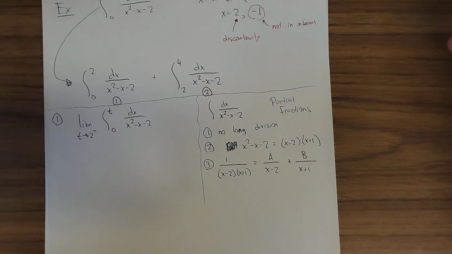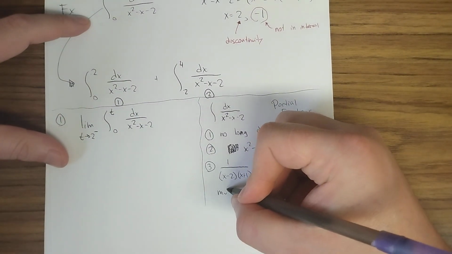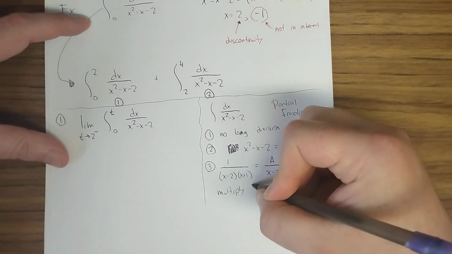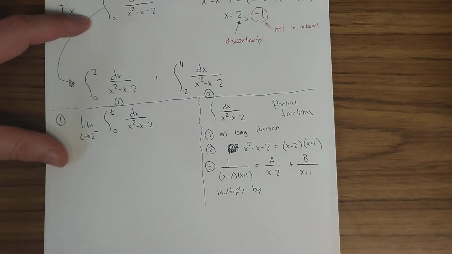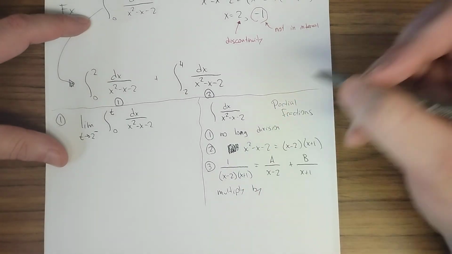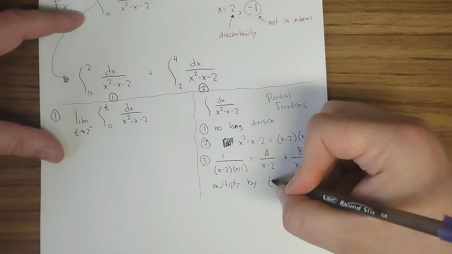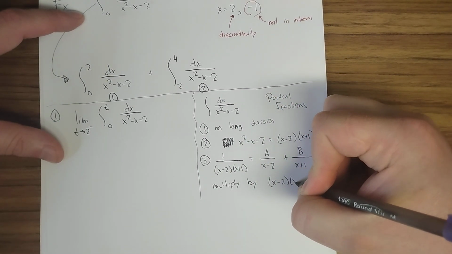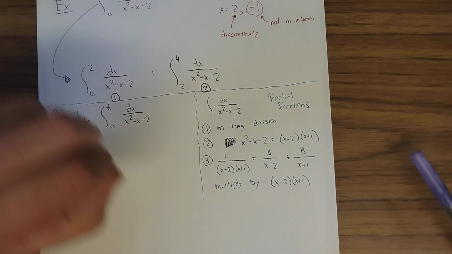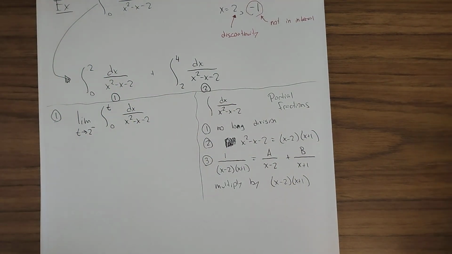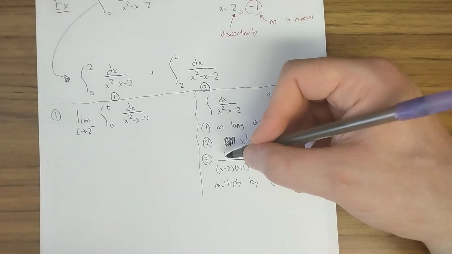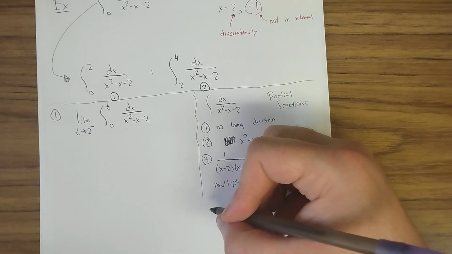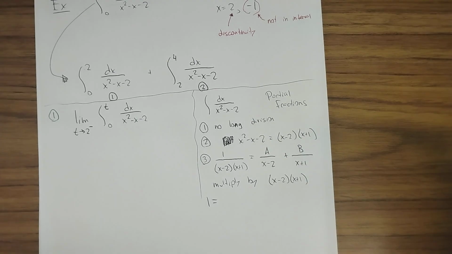Now we find A and B. I'm going to multiply both sides by something to kill all the bottoms of the fractions. So that's x minus 2, x plus 1. Now, on the left-hand side, that just cancels the whole bottom and I just get 1.